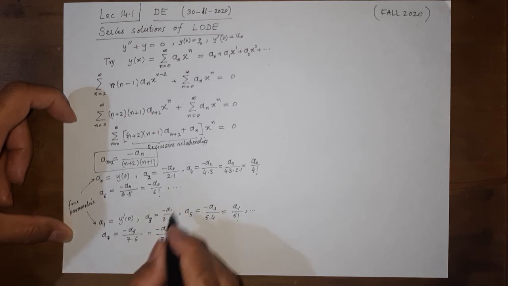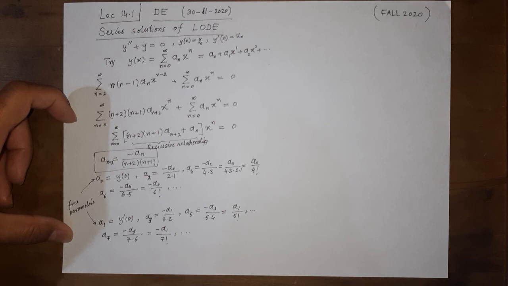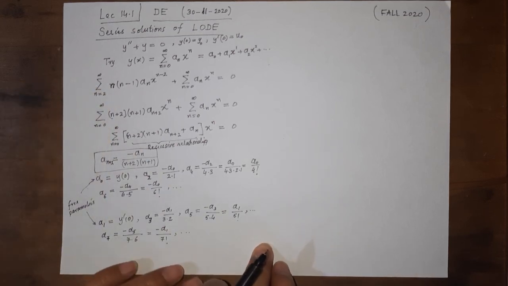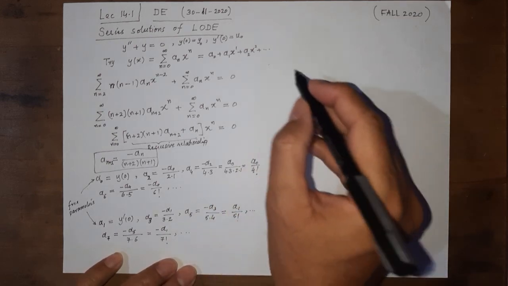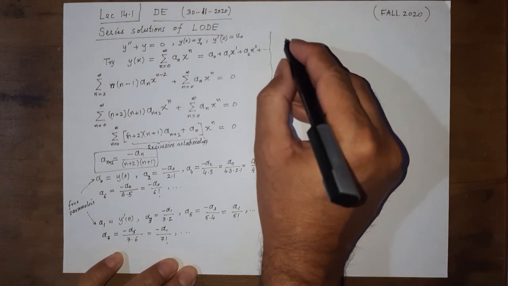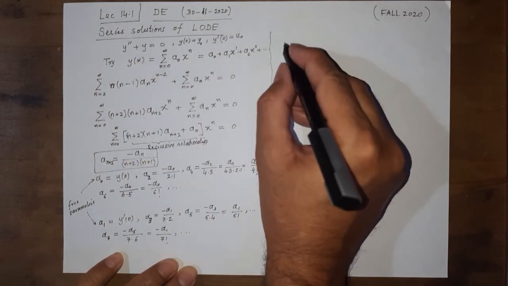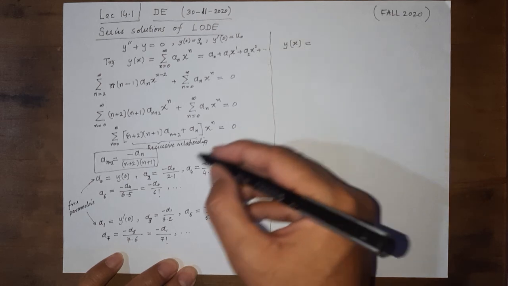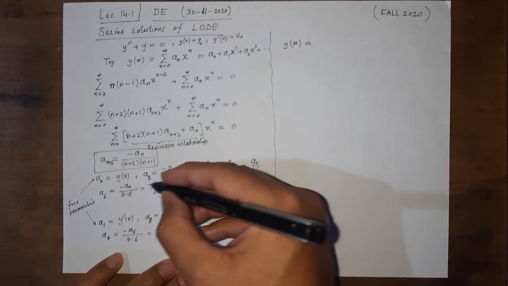So we can see a relationship here. Looking at the relationship closely, we can therefore write that this solution y of x is equal to a series with these terms.